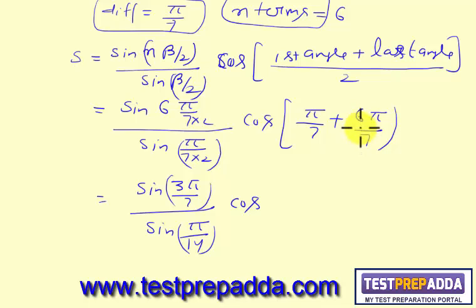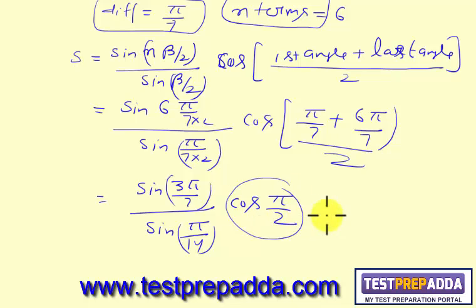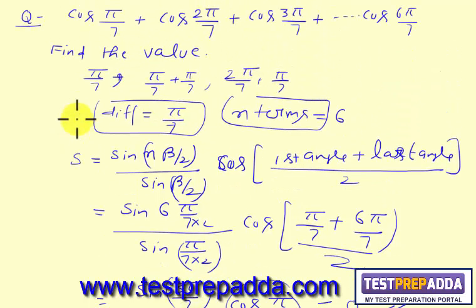Here it becomes 6 plus 1, 7 pi by 7, and by 2 also, so it becomes pi by 2. Cos pi by 2 is what? Cos pi by 2 is 0, so the whole term will become 0. So the answer of this question comes as 0.